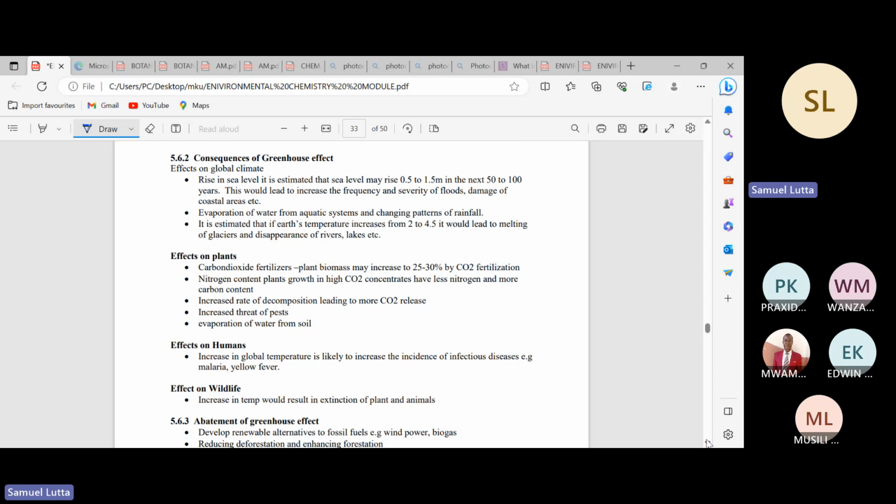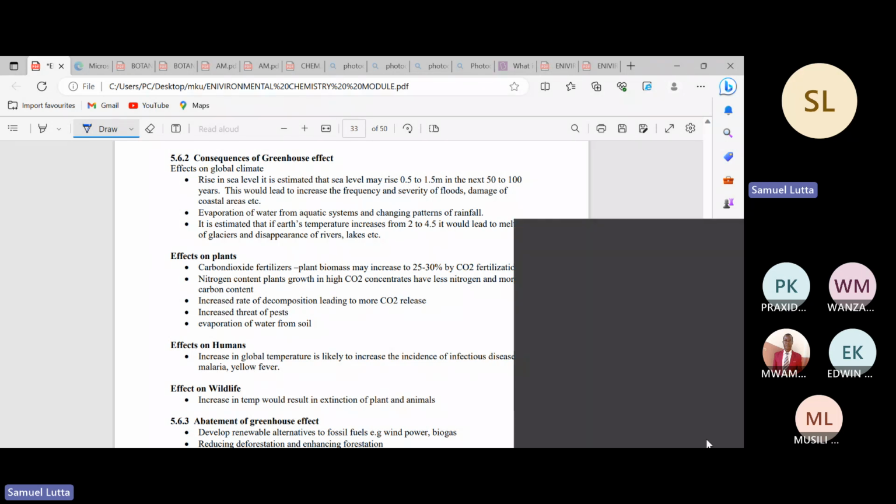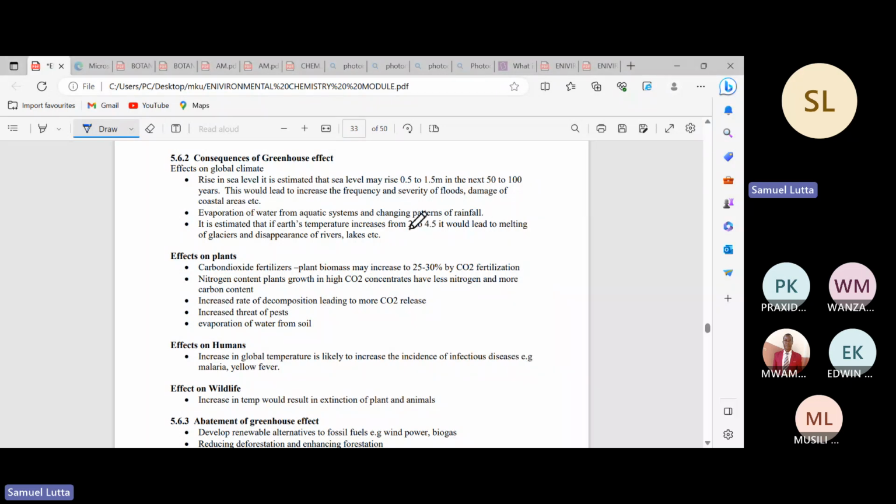I think we have seen this happening. Predicting the weather has become a problem, and if you plant during the wrong season, it is likely to cause food insecurity because plants will not grow well.